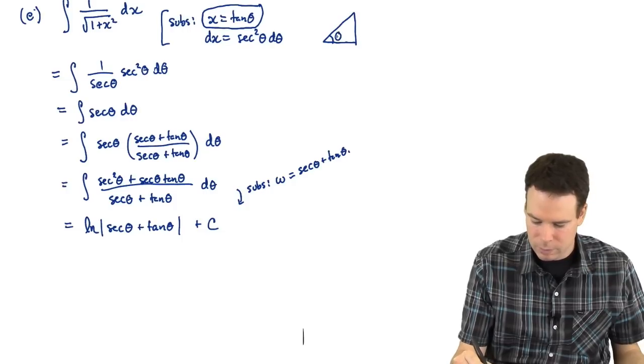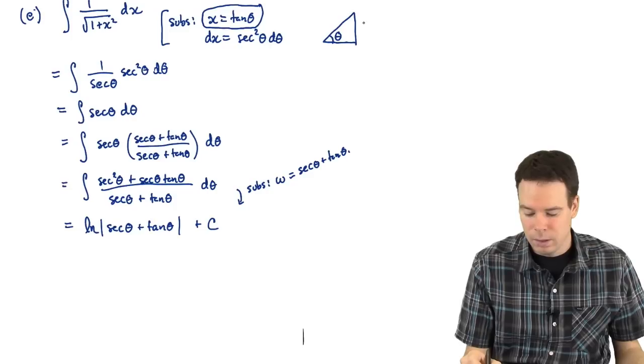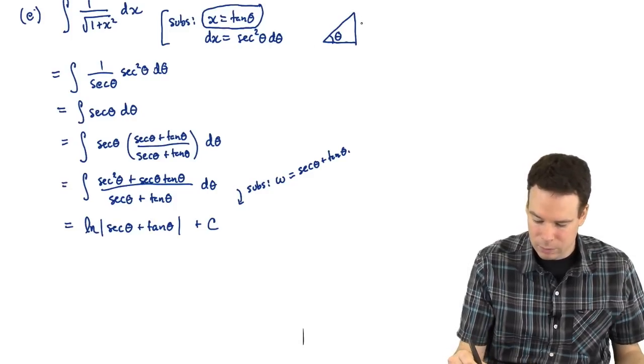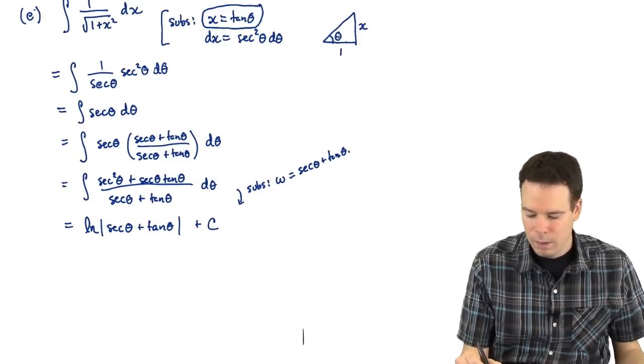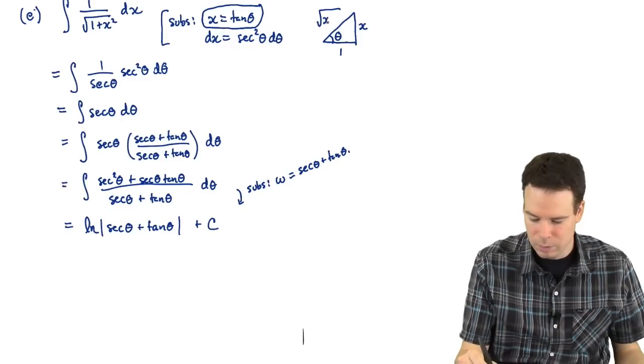If our angle is theta, tan of theta is the length of the side opposite over the length of the side adjacent, and that's supposed to be x. So I can make the opposite side equal to x and the adjacent side equal to 1. Using the Pythagorean theorem, the hypotenuse is 1 squared plus x squared, square rooted, so I can write it as the square root of x squared plus 1.